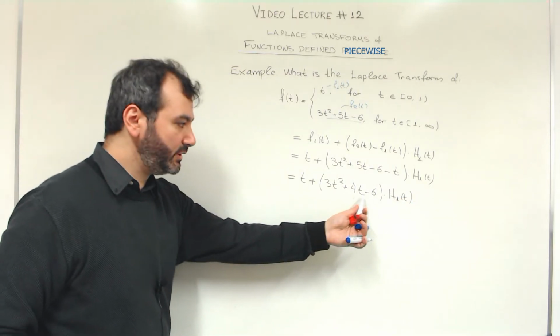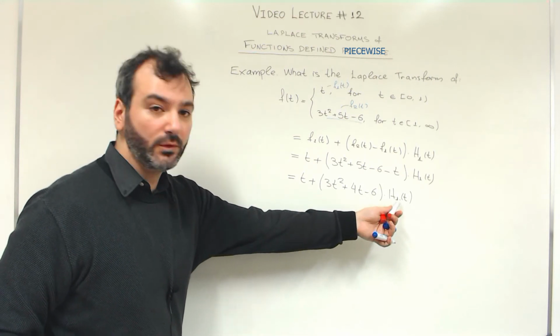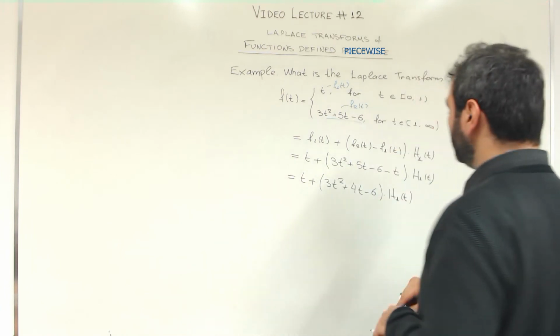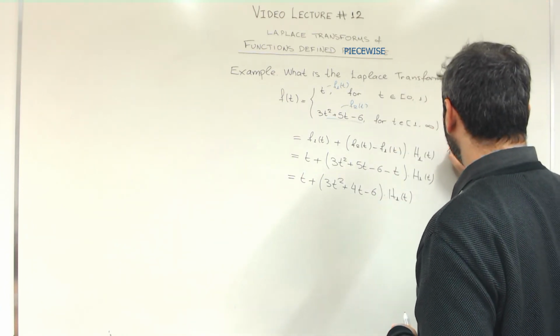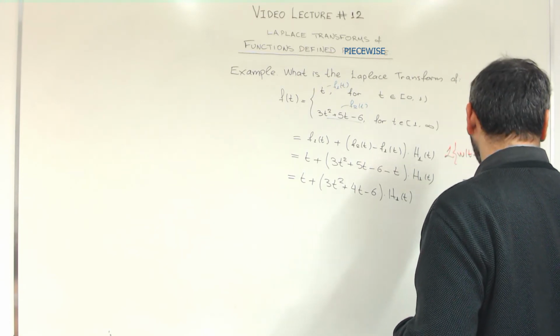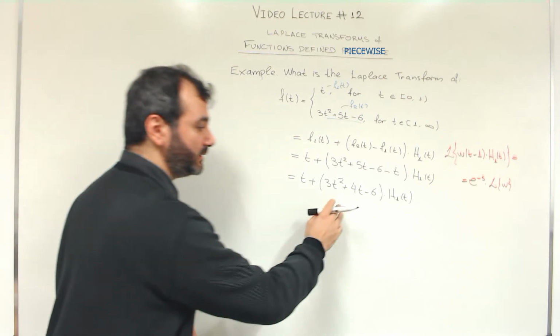But this expression inside here is not a function of t minus 1. We would love it to be a function of t minus 1, because then we would be able to use this expression, but unfortunately it's not. So there is a little trick.